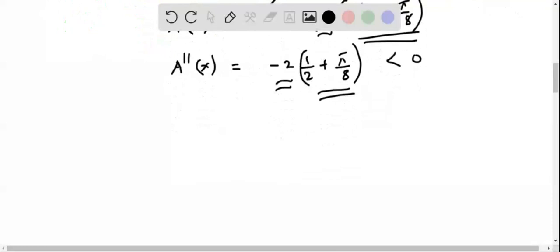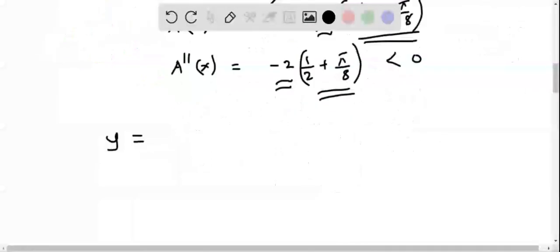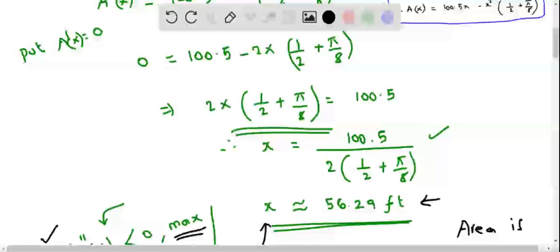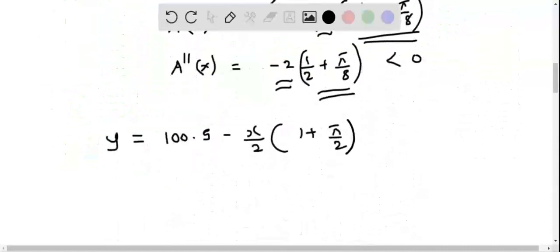Now we can find the corresponding y using the equation that we found in step 1. I'm going to use this equation, that is y equals 100.5 minus x by 2 times 1 plus pi by 2. We just substitute the value of x, that is approximately 56.29, into this y expression.